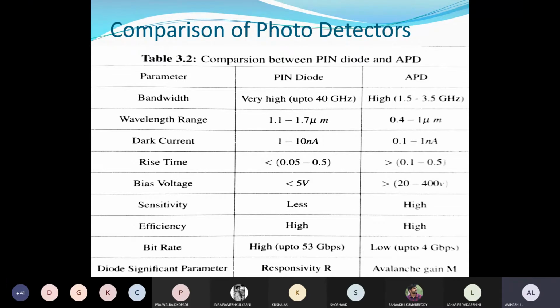When they are doing the same operation, why do we require another one? Once we have the provision of PIN diode conversion, why do we require an avalanche photodiode? That question arises because some technical specifications have changed. What are the technical specification changes you can see?